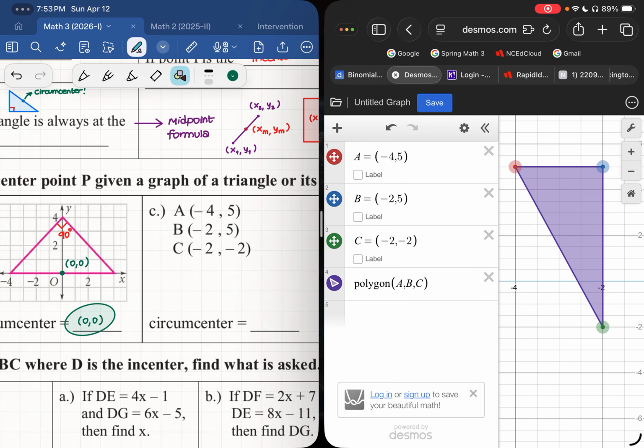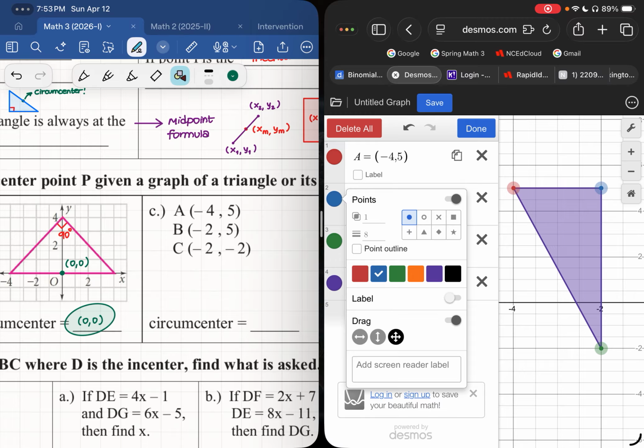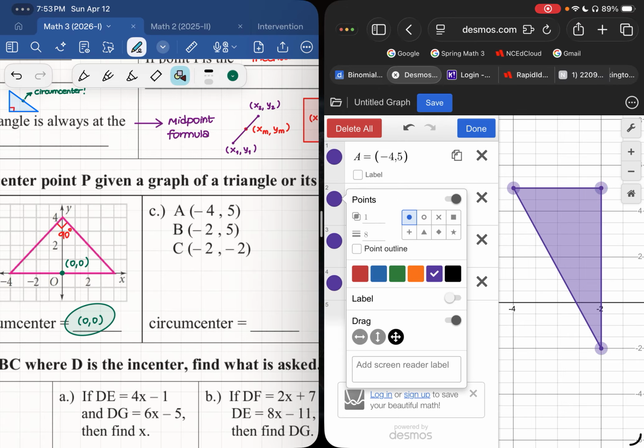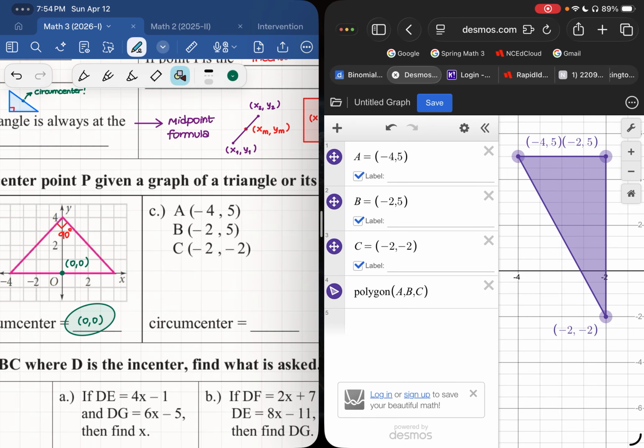Let me do it like this so you can see it better, okay? So, what are we going to do? Let me just enhance this a little. I'm going to make it a little more standardized. I'm going to put this all in purple, right? And I'm just going to put the labels here, right?